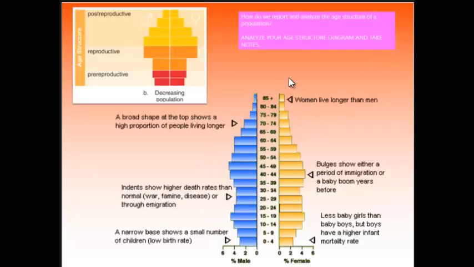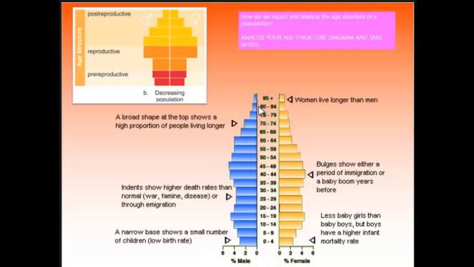Now, when we look at the bumps, the indents, the bulges, and the shape of the diagram, there are a couple other things that you can take away. For example, if it's very broad in shape, and we see people way up high, then these are age cohort groups, by the way.